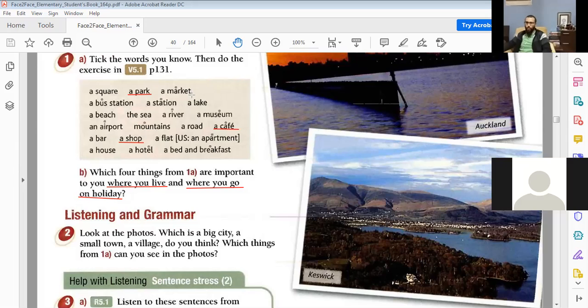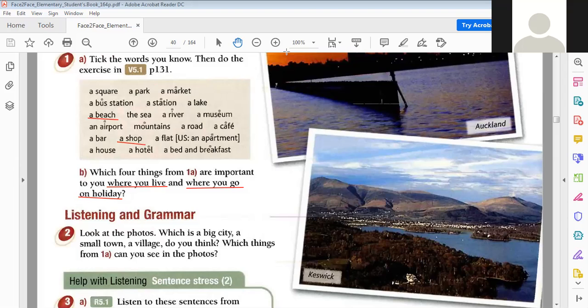That's the most important. What about if you go on holiday? Which places are very important if you go on holiday? The beach. I go to a shop. Again, shop. Okay. Let's see someone else's opinion.